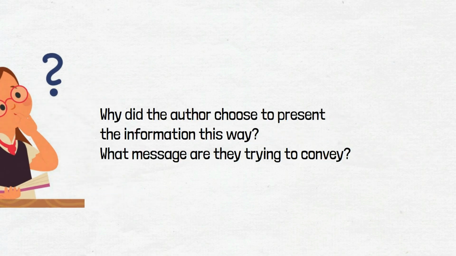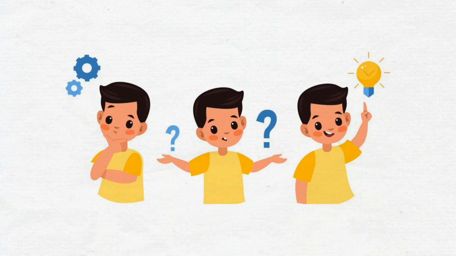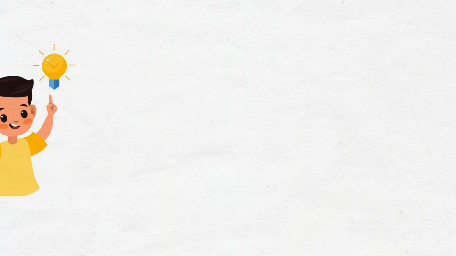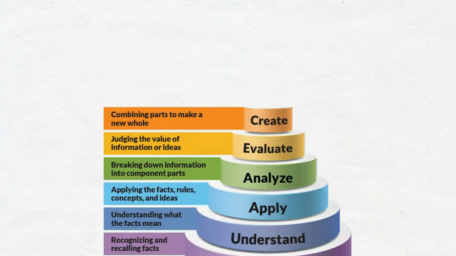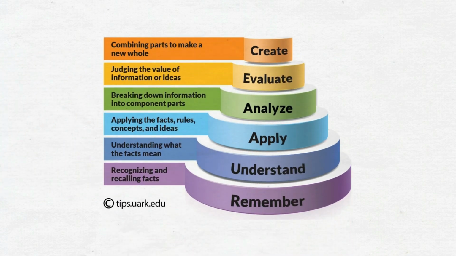Responsive elaboration and questioning the author encourage students to think critically about a text, examining the writer's intent and perspective. Bloom's taxonomy, a widely used framework for categorizing cognitive processes in education, organizes these skills into levels, from basic recall to advanced analysis and evaluation.